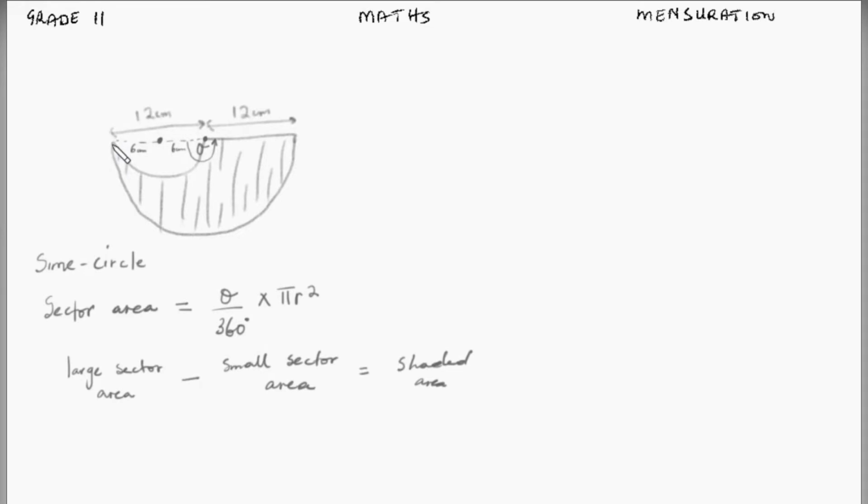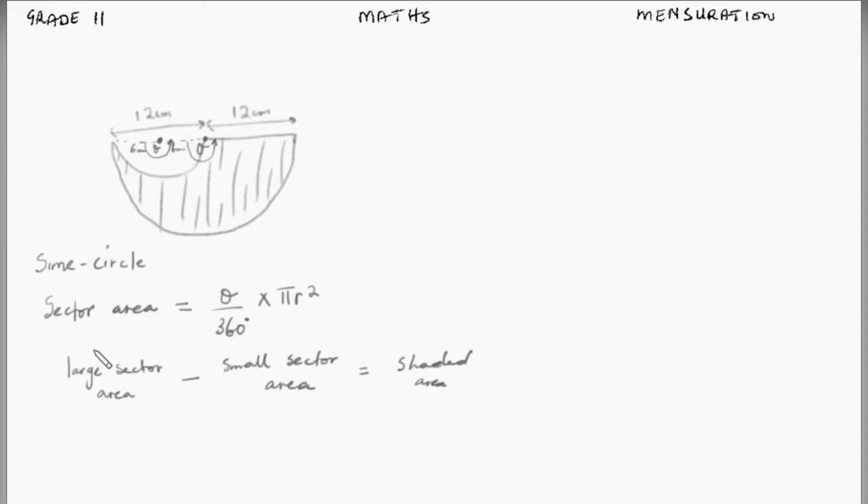So the diameter of the larger sector is 24 centimeters, and the diameter of the small sector is 12 centimeters. That means the radius of the larger sector is 12, while the radius of the small sector is 6 centimeters. That's the only difference. The angle here is the same as the angle here. This is the angle of a straight line, 180 degrees, so our theta is 180 degrees.